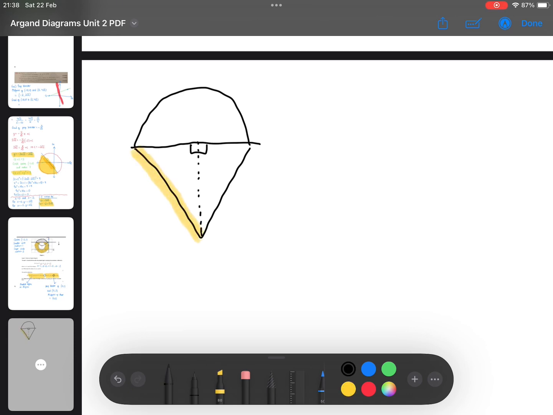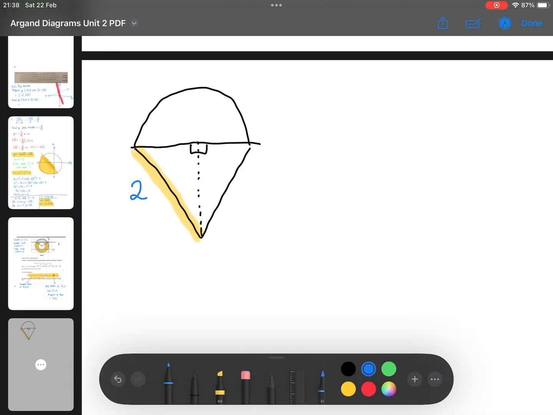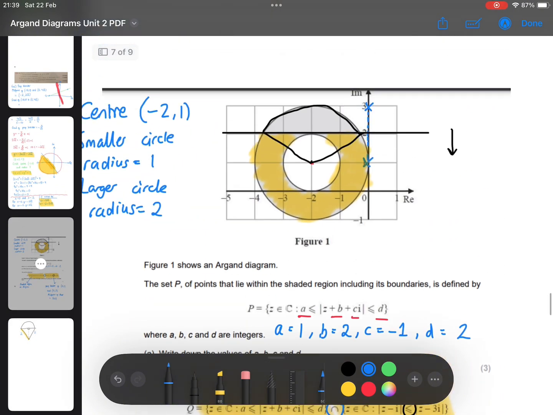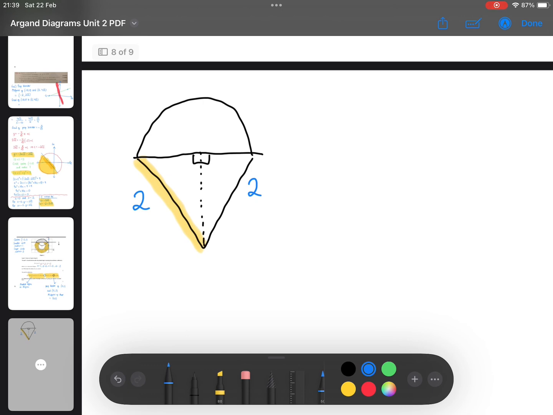So this is just going to be length 2, because it's the radius of the larger circle, and this is also going to be 2. If we want to look at the dotted line, I'm just going to go back to the diagram. That is going clearly from the center of the circle up 1 unit. So this length here is 1.